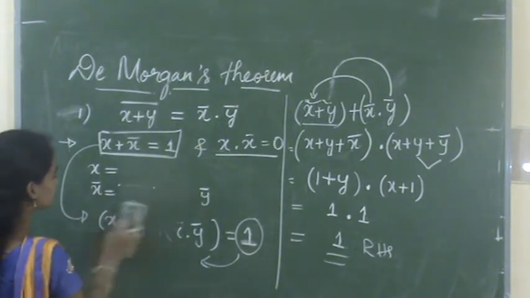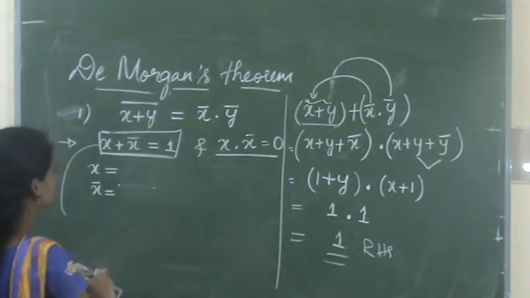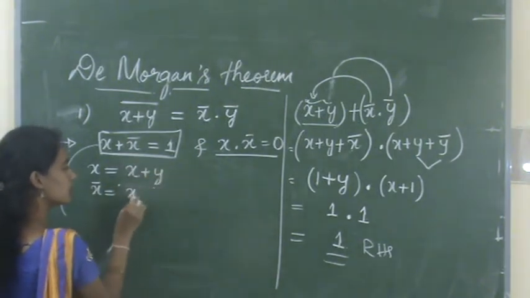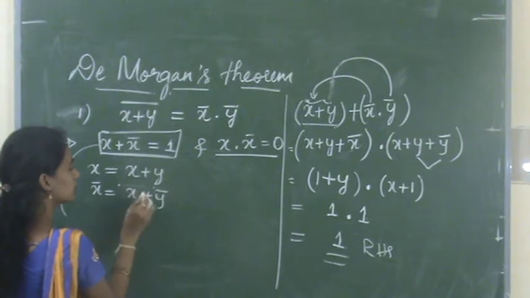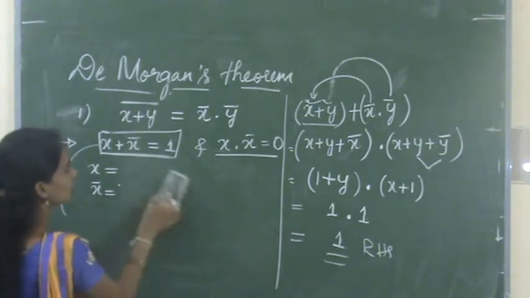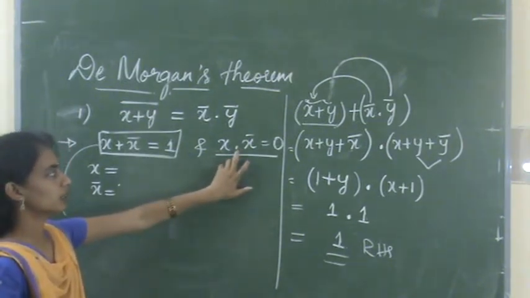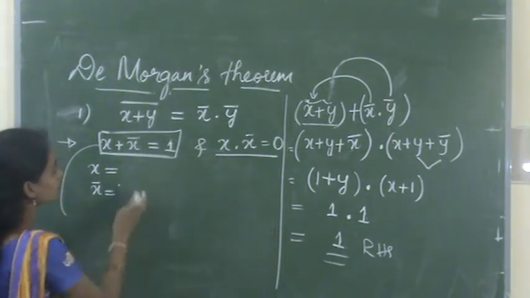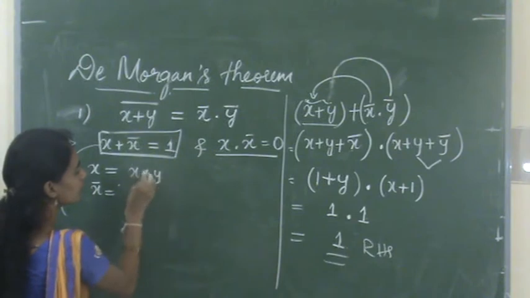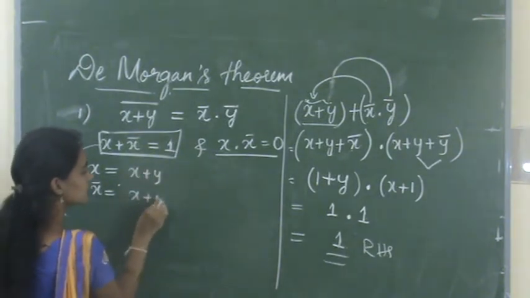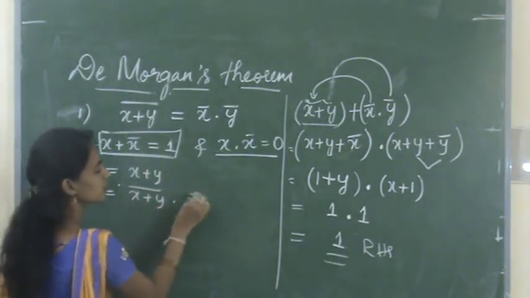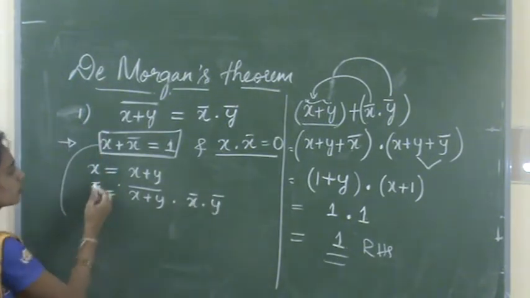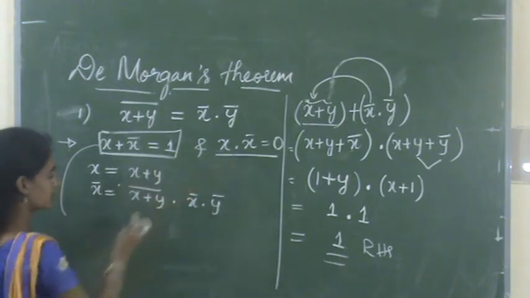So now, also the value of x will be x plus y. Sorry, here we are performing AND operation, right? So now the value of x is x plus y, and x plus y whole bar means x bar into y bar, right? So now substitute these values in this.